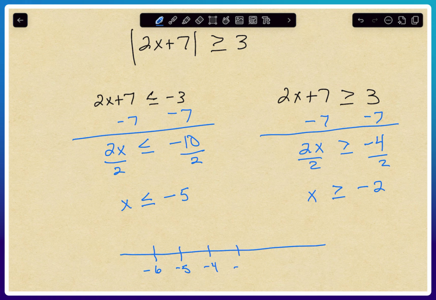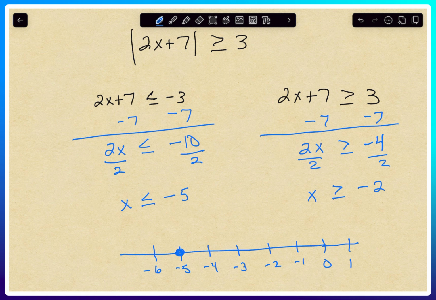A minus 3. Minus 2, minus 1, and we'll just put a 0 here. And there's 1. Now, because this inequality has a line underneath it, it means it's going to be greater than or equal to. That means our line is going to be solid.